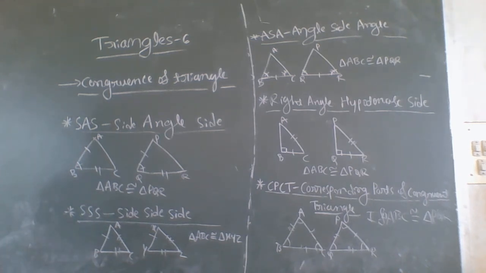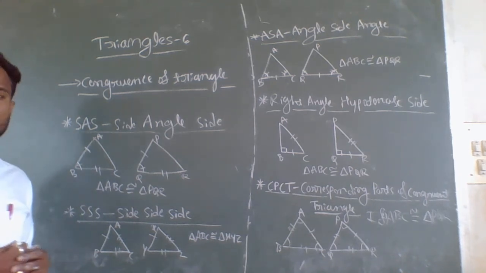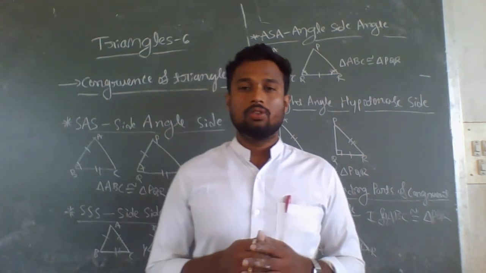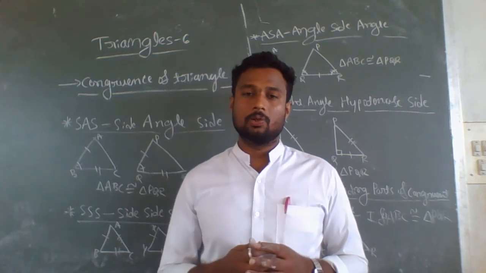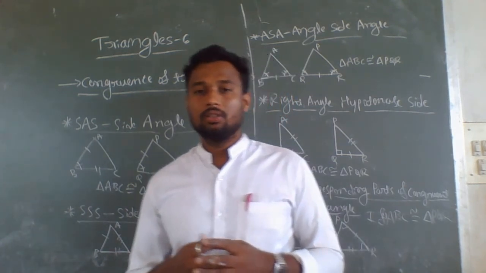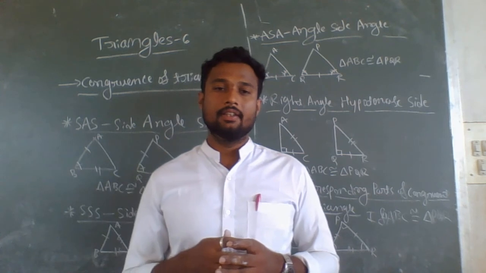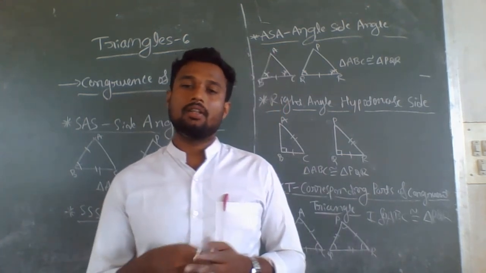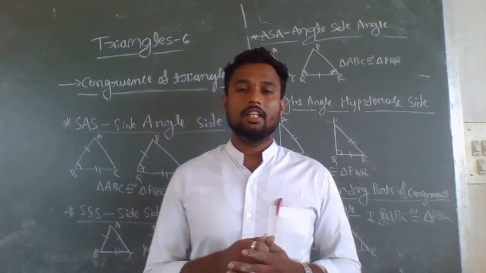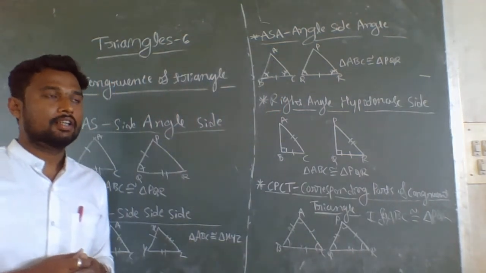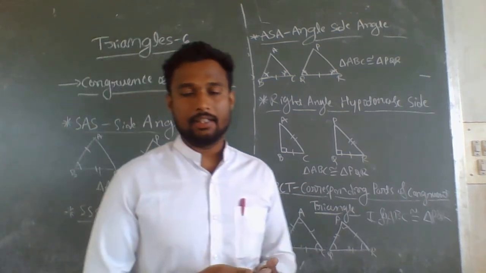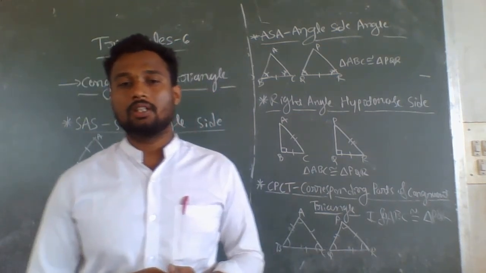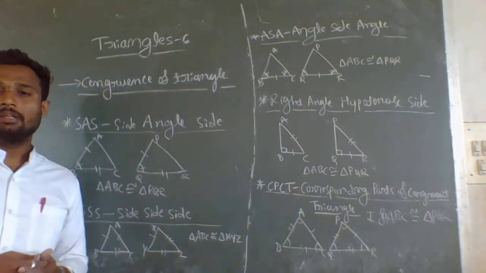And today we discussed different types of angles which are very helpful to prove two angles are equal to each other, or to calculate another angle when one angle is given. Those different types of angles are corresponding angles, alternate interior angles, alternate exterior angles, and linear pairs of angles. These are very important concepts.